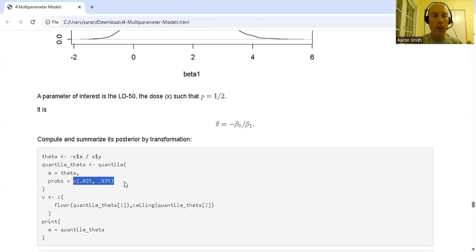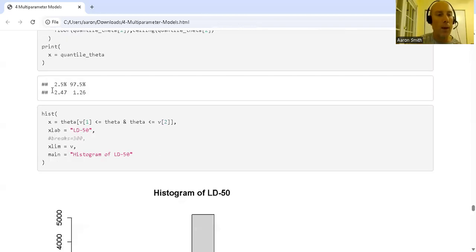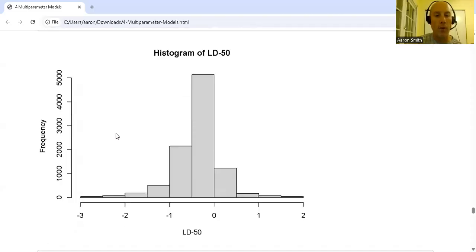Otherwise things got too far zoomed out when I was doing the picture. So we can see the 95 percentile range, and now I can see a distribution for my LD50. I see that it's favoring a slightly negative value. And remember that negative value is the log of the grams per milliliter.